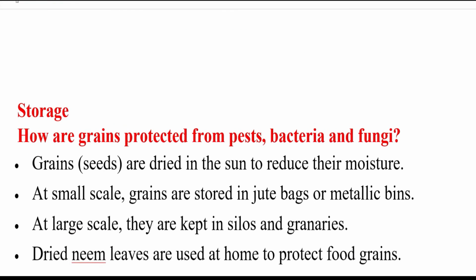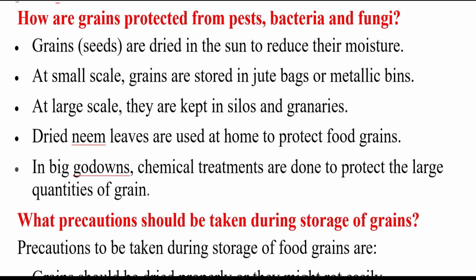So the last one, storage. How are grains protected from pests, bacteria and fungi? So see the first one, the seeds are dried in the sun to reduce their moisture. At a small scale, grains are stored in jute bags or metallic bins.